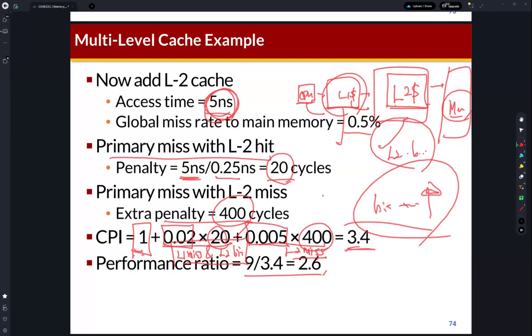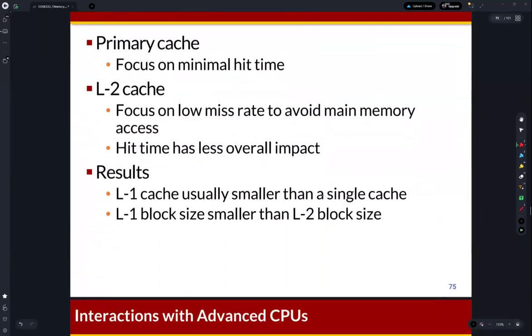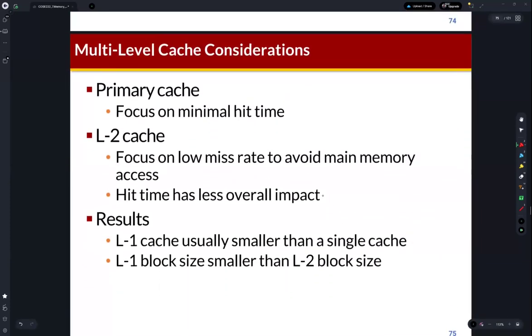So performance can be decreased. That's why we use a small cache for the level 1 cache, right?